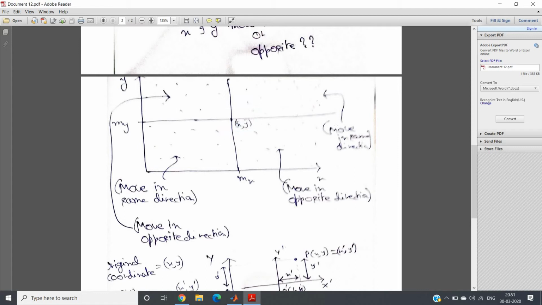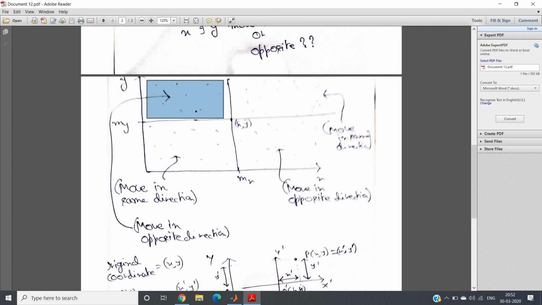These two lines, after intersection, have divided our plane into four major parts. Consider the points situated here.